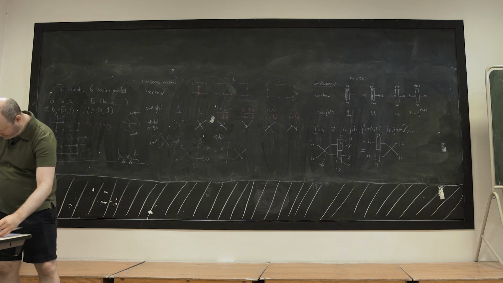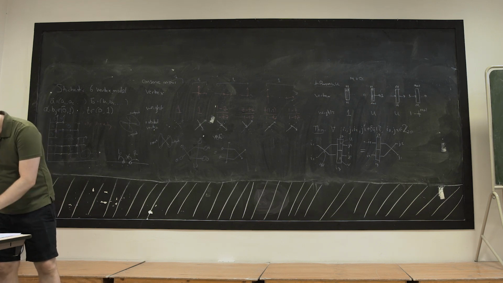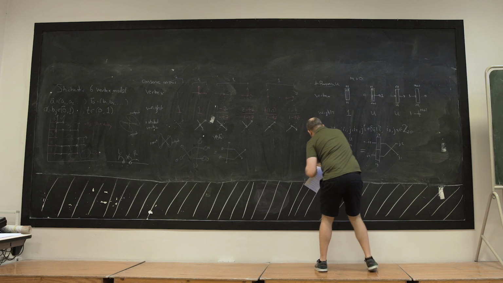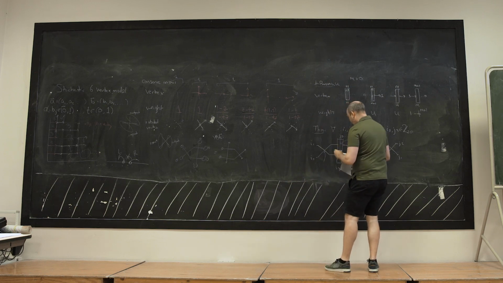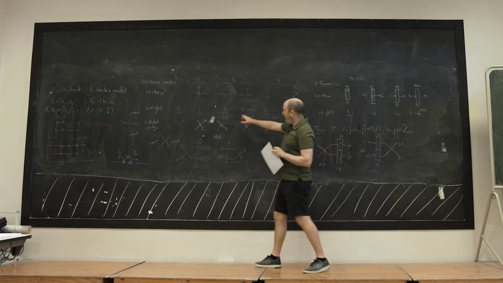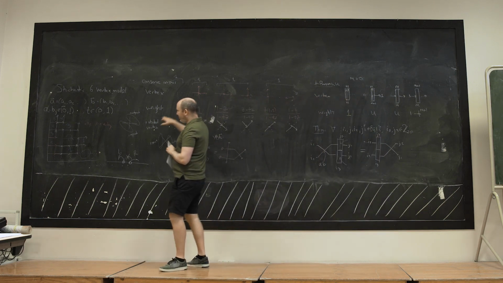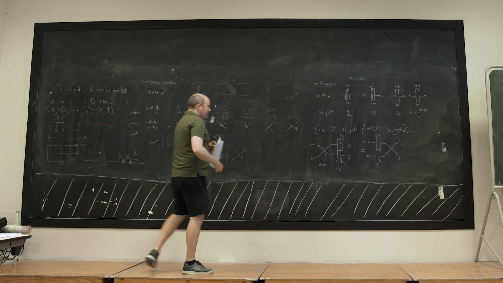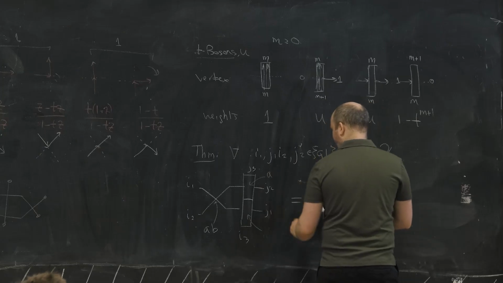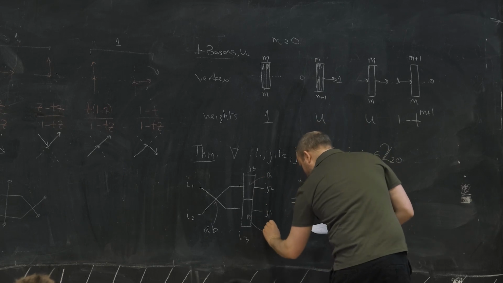Actually, let me not use u and v. Sorry, let me write this differently. I'm going to use a times b, which is the thing that we're always taking our z to be. So I have 2 parameters a and b, and then I have parameter a here and parameter b inverse here.